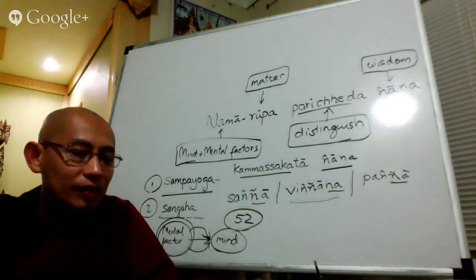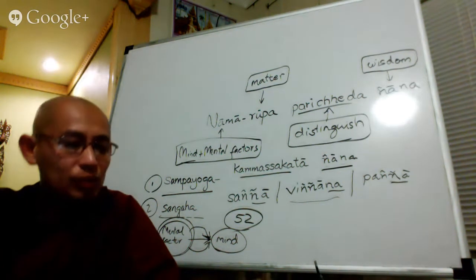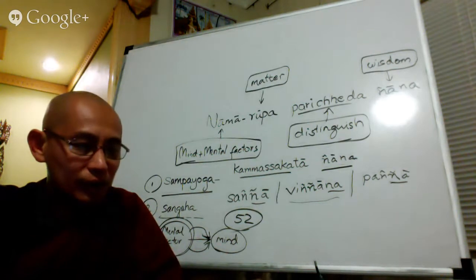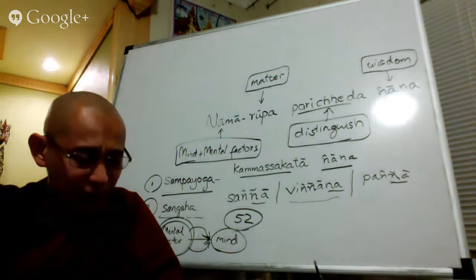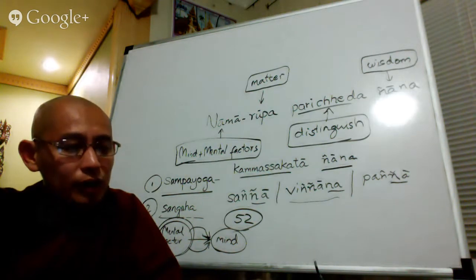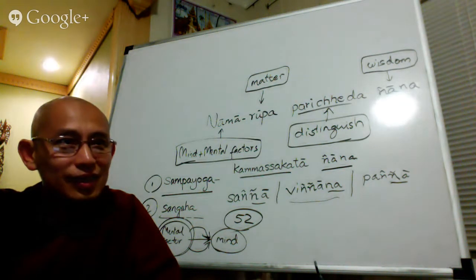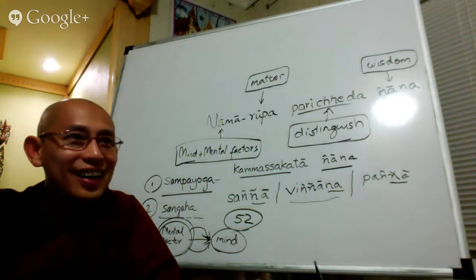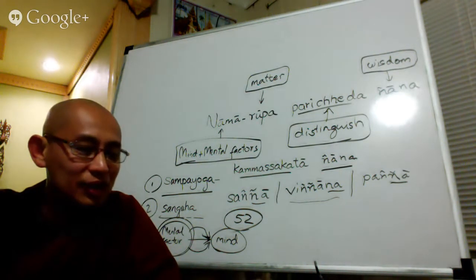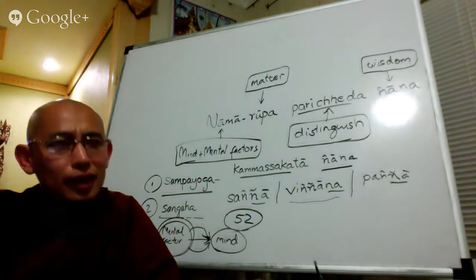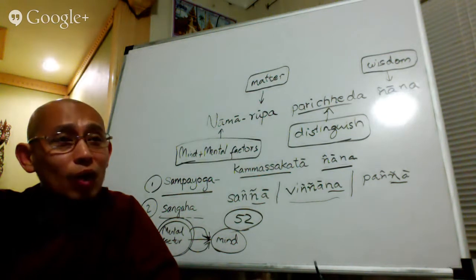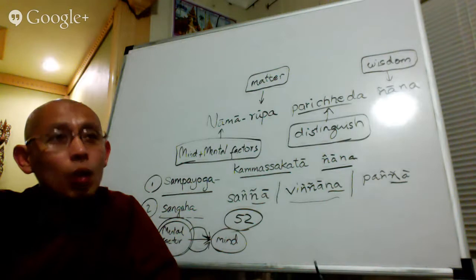And then the next one is the rootless mind. Only 2: one is the investigating consciousness, and another one is the smile-producing consciousness. When we smile, we have a pleasant feeling, so it is associated with piti. It's very obvious to understand. But investigating consciousness is the effect of wholesome mind.